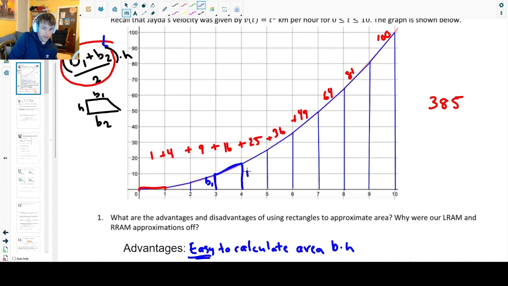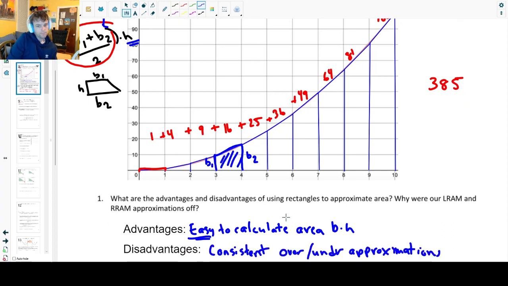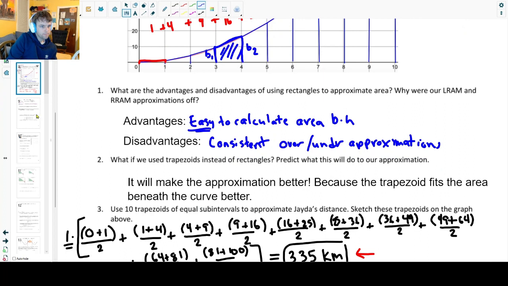B2, that's on the right hand side, right over here. This is our right hand height. And we're averaging those, right? We're adding them together, we're dividing by 2. So we are averaging the left hand Riemann height and the right hand Riemann height, and then we are multiplying by the width of the interval. So baked into the calculation of the area of this trapezoid is an averaging of our left and right hand heights. That's why we get an average there.